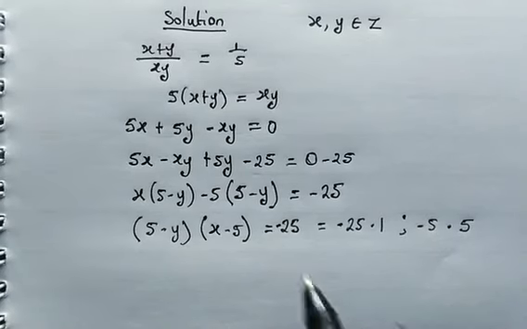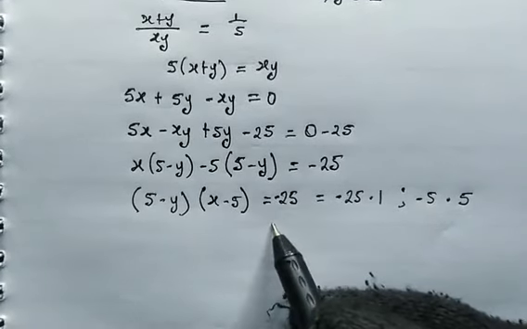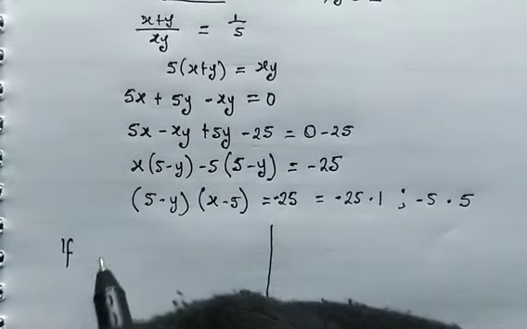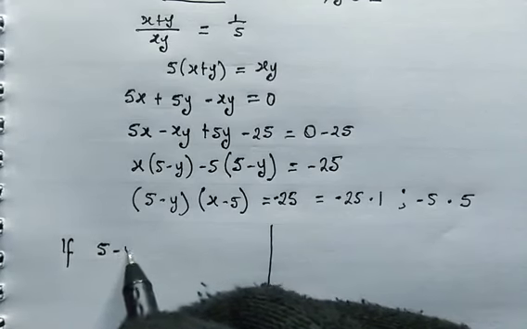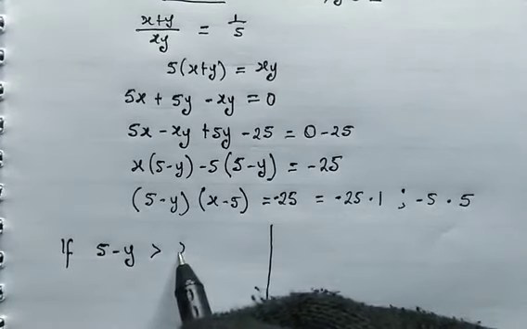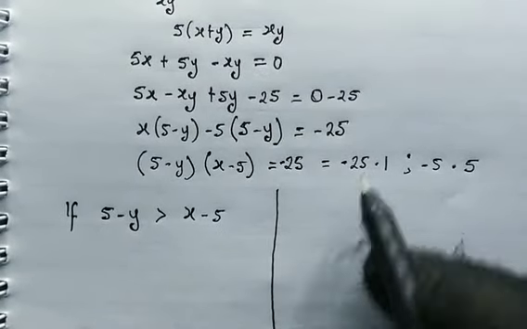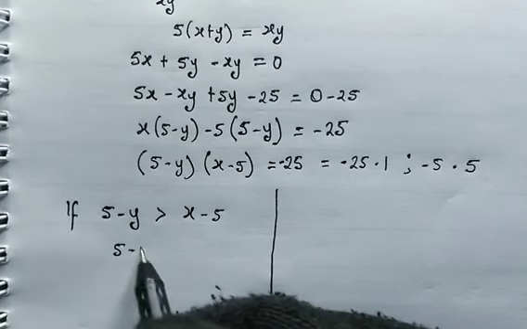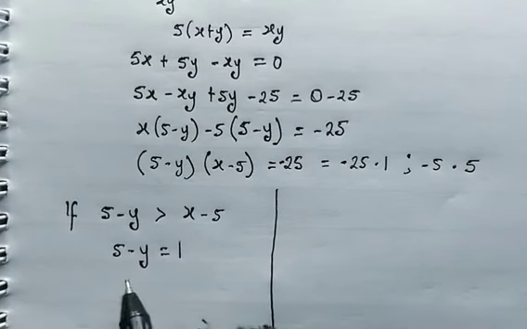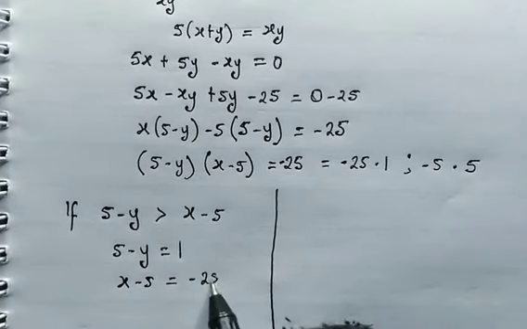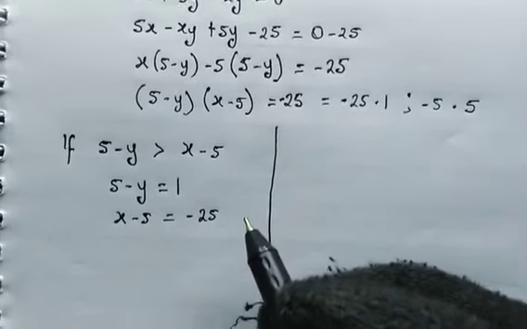Okay, now we have two cases to consider here. If 5 minus y is greater than x minus 5, then with these factors here, we shall have 5 minus y equals 1 and x minus 5 equals negative 25, right?